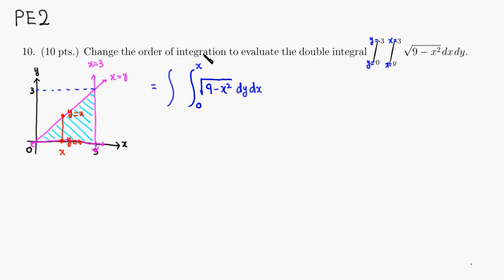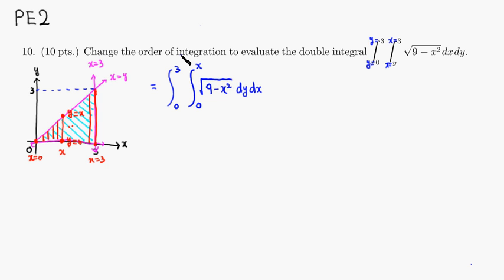Then to sweep the same triangular region, x is going to start from 0 and keep covering all the way to x equals 3, so it goes from 0 to 3.